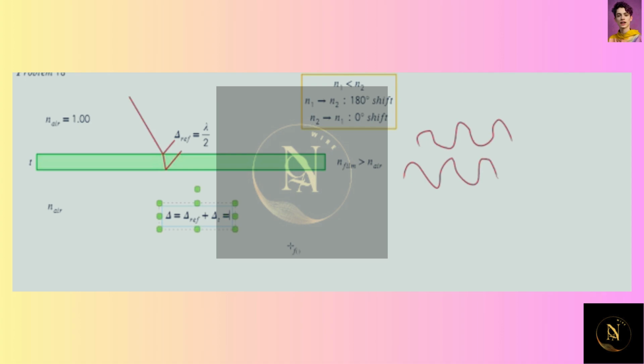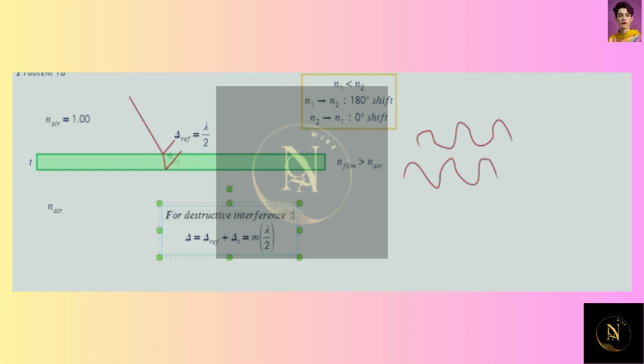So how are we going to express that? Well, the net path length difference has to be an odd integer multiple of half wavelengths. So in this case, this is going to be for destructive interference. For destructive interference, we have the path length difference of this first ray and this.